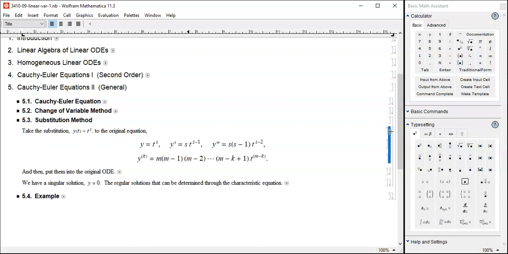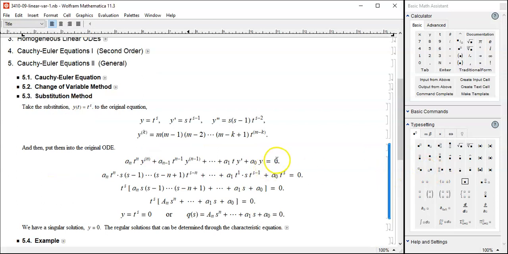With the substitution method, if you put in t to the s power and take arbitrary derivatives, and put those back into the original ODE, with the nth derivative giving t to the s minus n power, again there is cancellation, so t to the s power is always common.